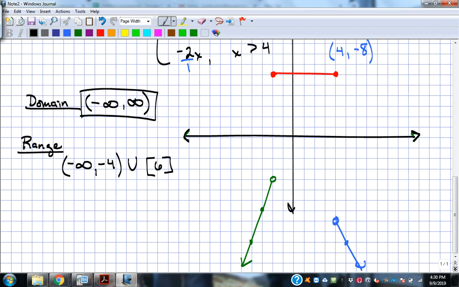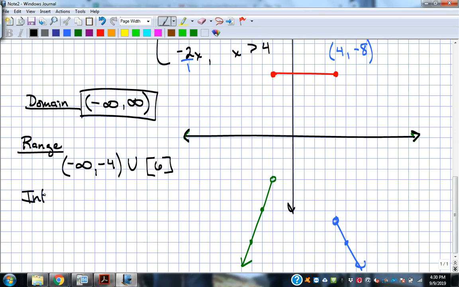We're going to put a bracket around that because we're using 6 the whole way. We're skipping all of these numbers in between on the y. So that's why there's nothing else in there, because we're skipping all the other numbers. The graph is really important for being able to find the range, I think. You can do it without it, but I think it's much easier if you've got the graph.